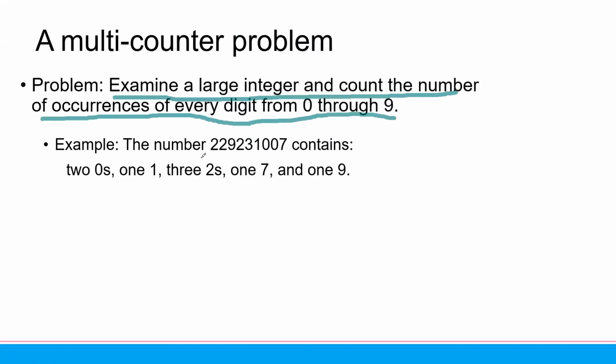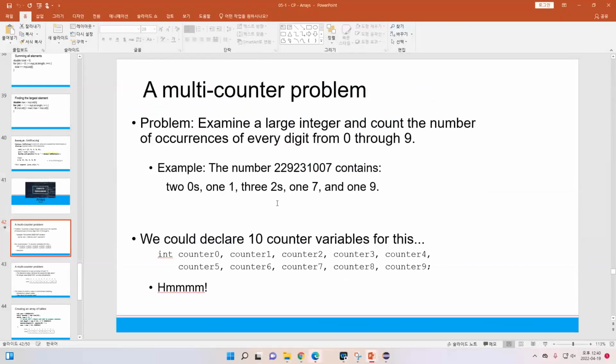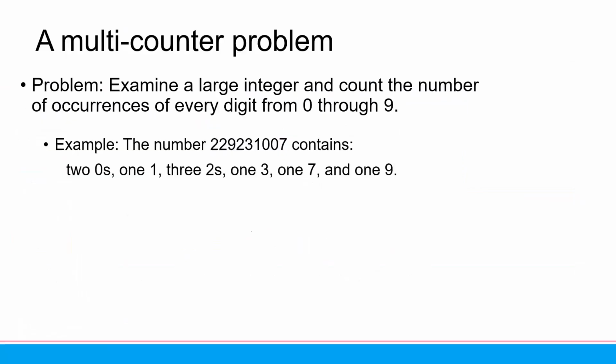So for example, I have the number 229231007. There is one 3.